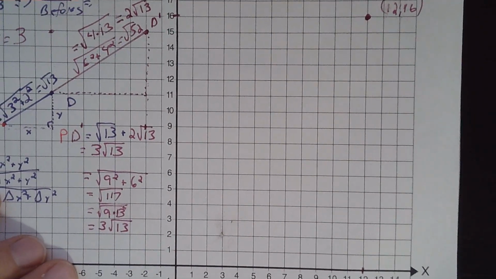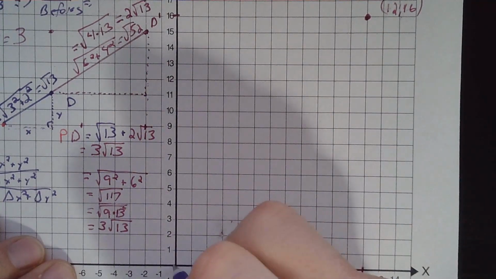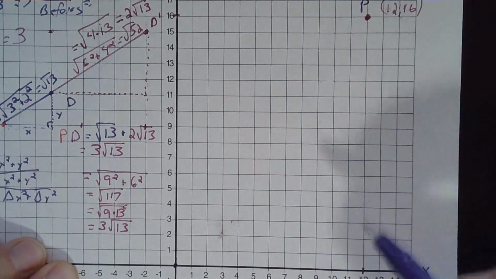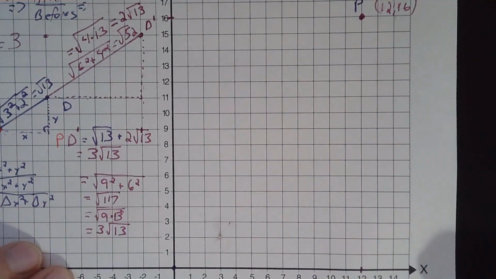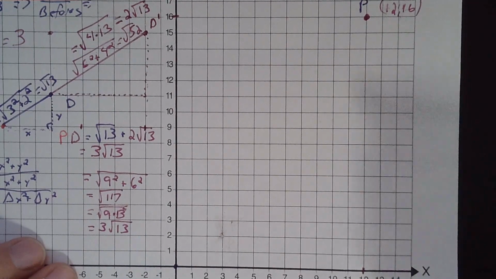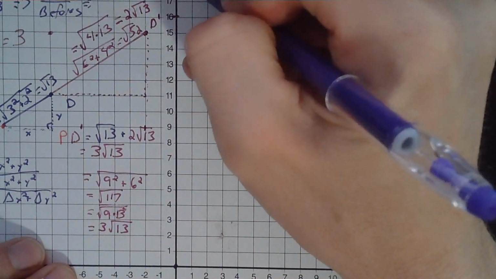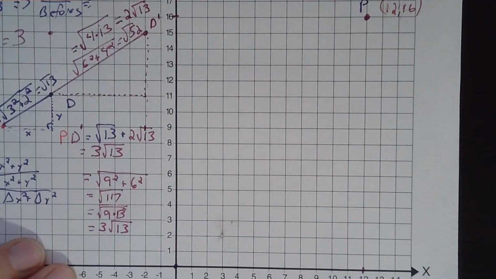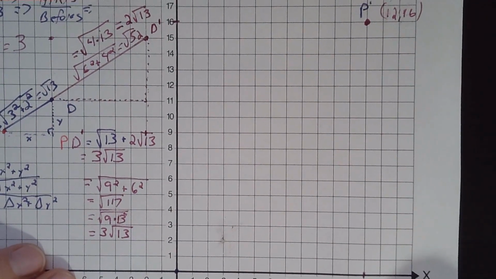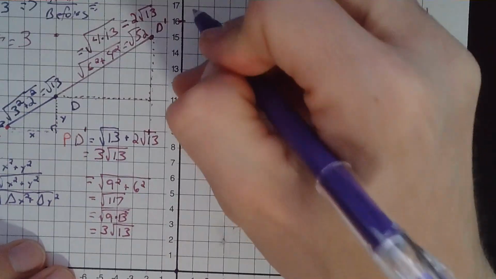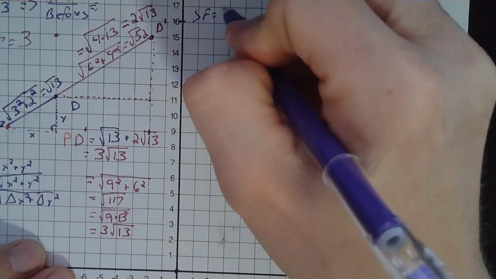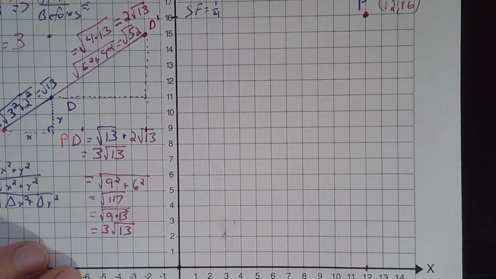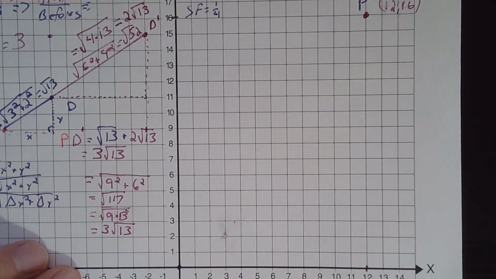So we're going to dilate point P about the origin with a scale factor of 1/4. You can't see them. Scale factor of 1/4. Okay, so it's a scale factor of 1/4.